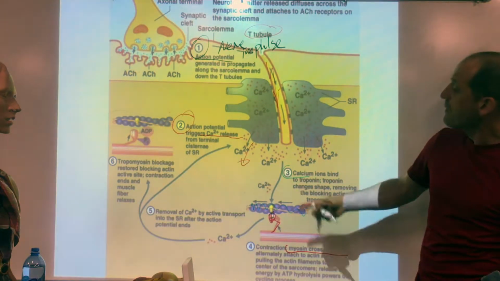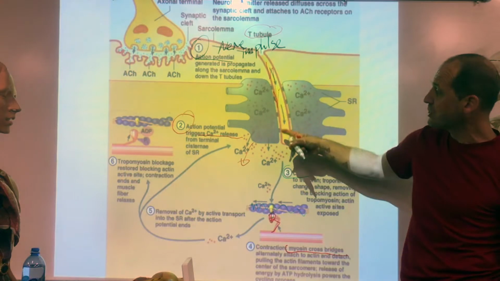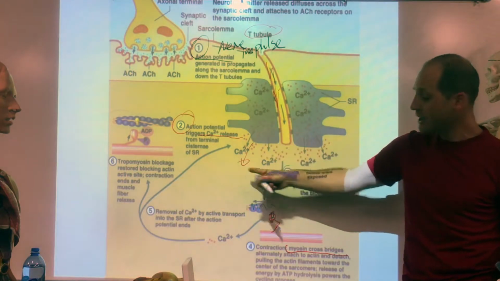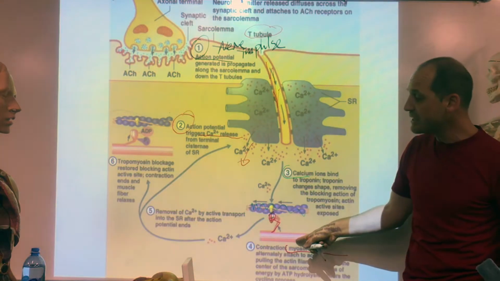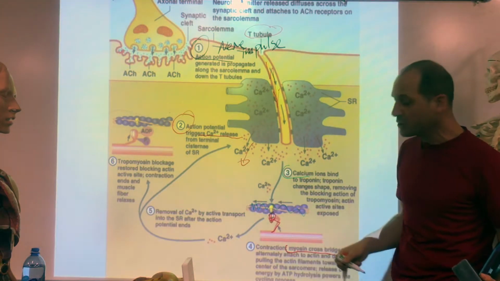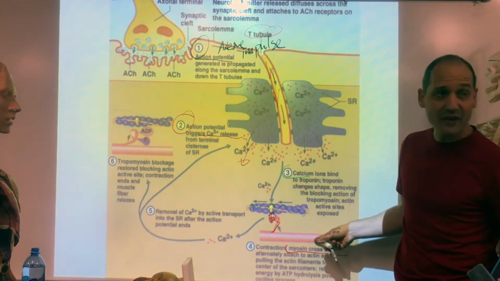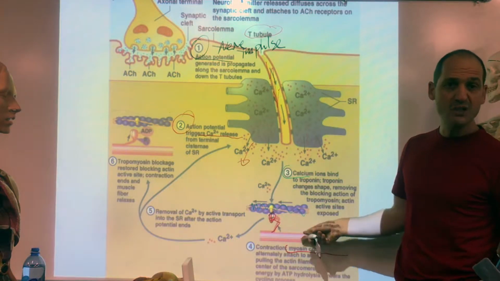Okay? So, we're here. Action potential, the nerve impulse comes down, calcium is released, it changes the active site on the actin, the myosin can attach to it and make a muscle contraction. As long as we have ATP, we assume we're not dead.